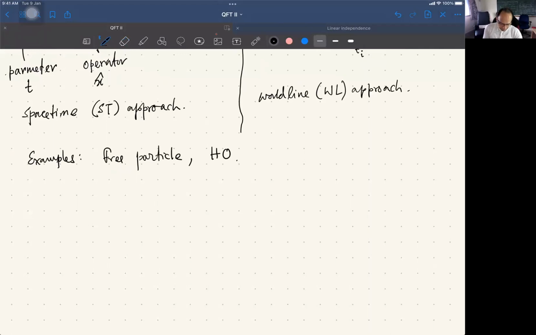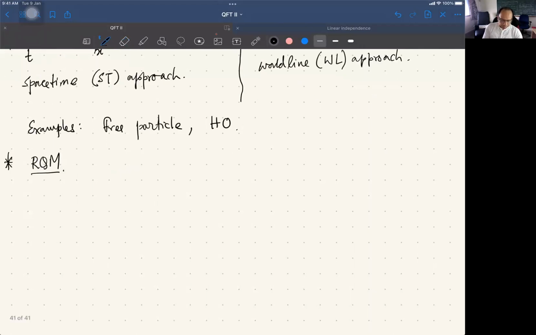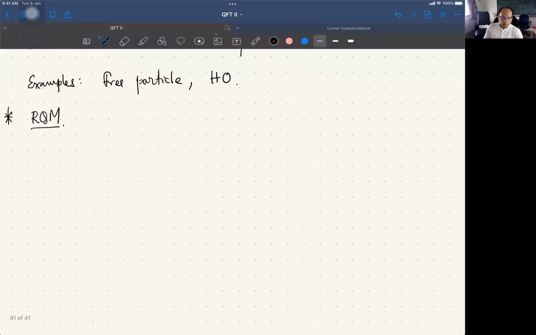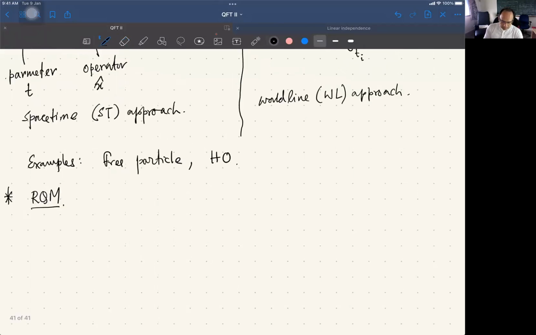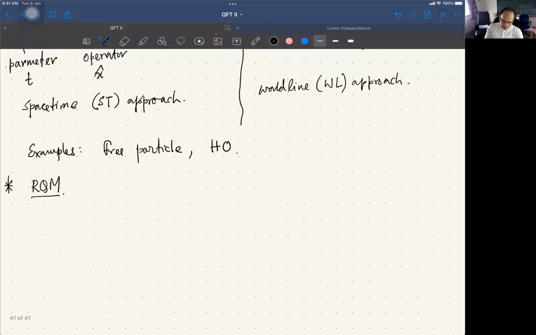Then we studied relativistic quantum mechanics. In this case, both time and space are lifted to operators.